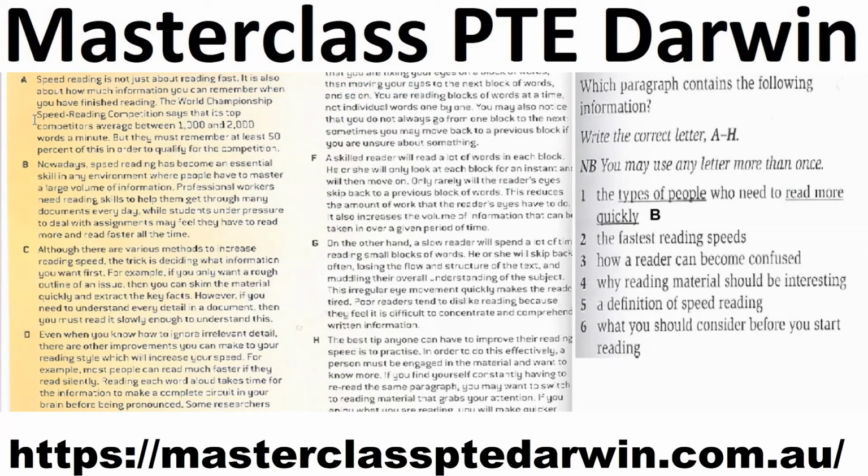World champion is the fastest of anything. So the world champion speed reading competition says its top competitors average between 1000 to 2000 words per minute.